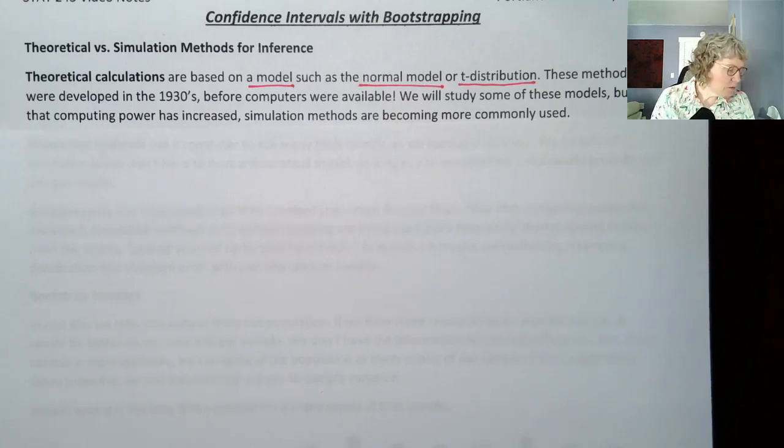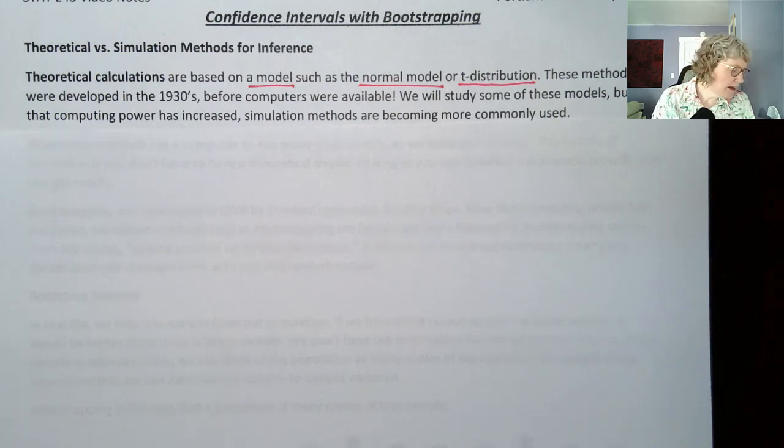So these methods were developed around the 1930s, and so computers were, I don't think they were invented yet. They were maybe invented, but they weren't in fully realized form. So even though this idea of simulation was there and could be done with objects, the things we can do now are much, much different, much more powerful.